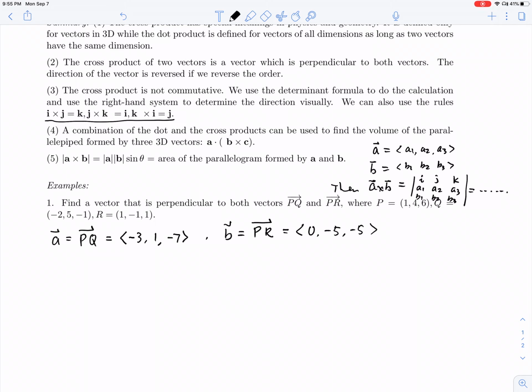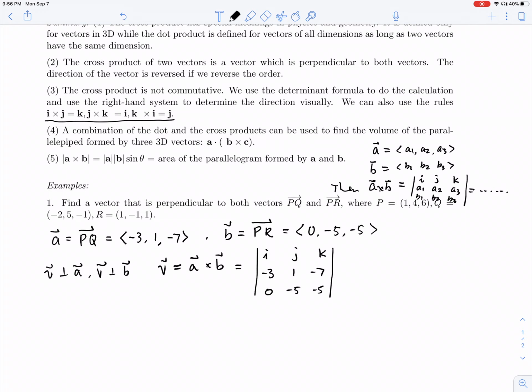Now we're going to find a vector. We call this vector simply V. V is going to be perpendicular to A, and V is also going to be perpendicular to B. You can use V equal to, this is just one choice, of course, I, J, K, and then we put A's vector over here, -3, 1, -7, and 0, -5, -5.